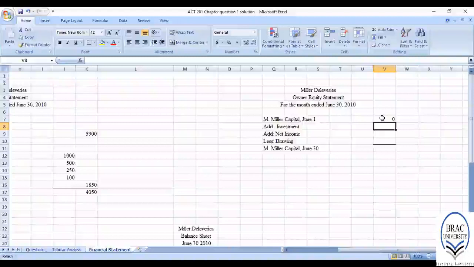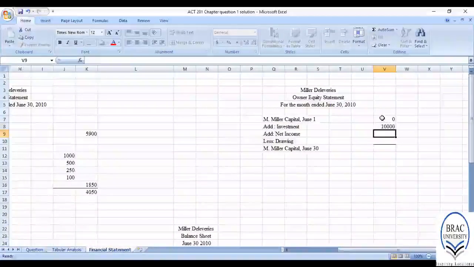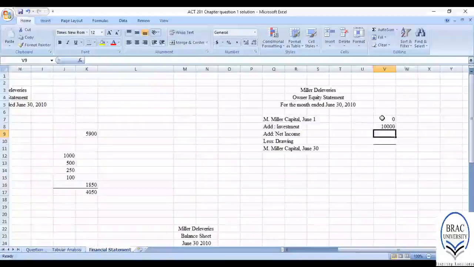Now we have to add the investment. As we all know, Miller invested $10,000 in the company. So we'll write this information into our owner's equity statement. Next, we'll add the net income, which is $4,050.